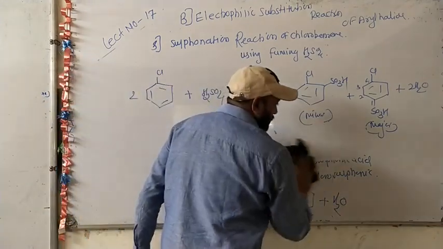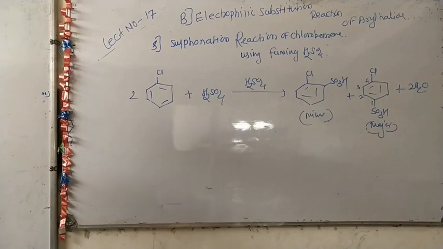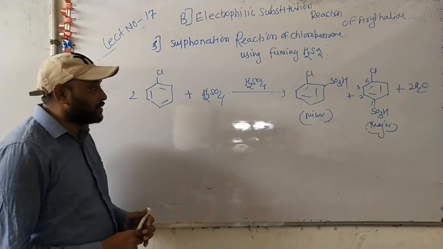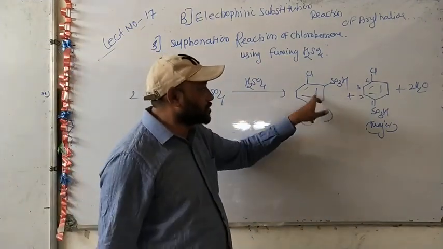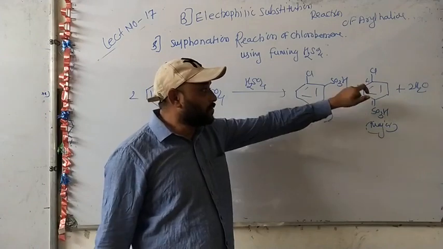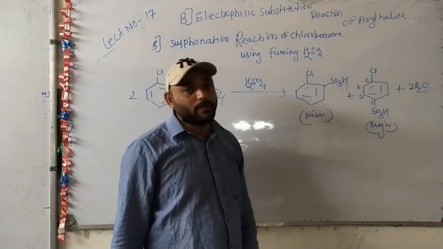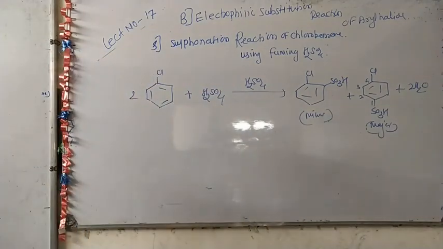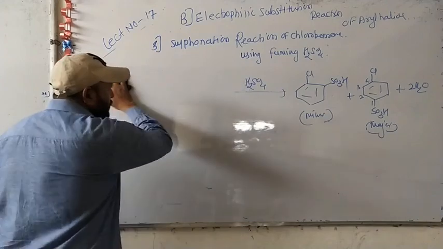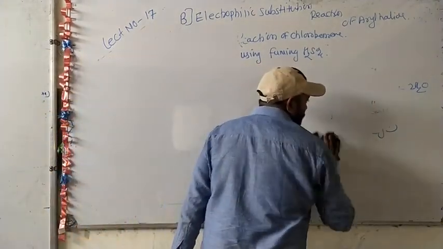That's why when we treat chlorobenzene with fuming sulfuric acid, that is highly concentrated sulfuric acid, in a 2:2 ratio, it forms ortho-chlorosulfonic acid and para-chlorosulfonic acid, among which para-chlorosulfonic acid is the major product and water forms as a byproduct. So this is the end of the sulfonation reaction of chlorobenzene.